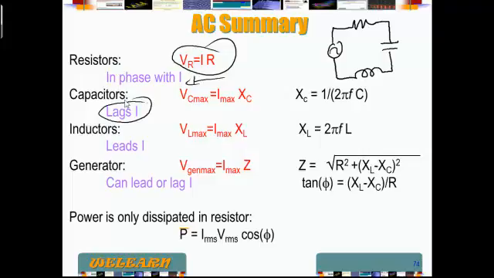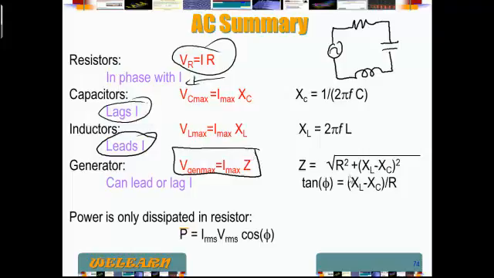The voltage across the inductor is VL max. It is equal to I max times XL, the inductive reactance, with XL given by 2 pi FL. And it leads the current by 90 degrees. The voltage across the generator is going to be I max times Z, where Z is the overall impedance.